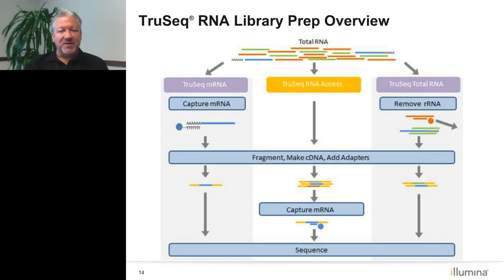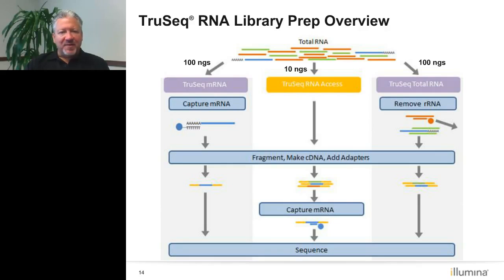We do first and second strand synthesis, add adapters, and essentially at this point we have a library that's ready for sequencing. If we sequenced it, almost all of it would be ribosomal RNA because we did not remove the ribosomal RNA. But instead what we do is we use specific probes to capture the coding regions of the messenger RNA that we'd like to sequence, and then we sequence that. So this is a much more focused RNA-Seq experiment than even the mRNA-Seq that we've done in the past.